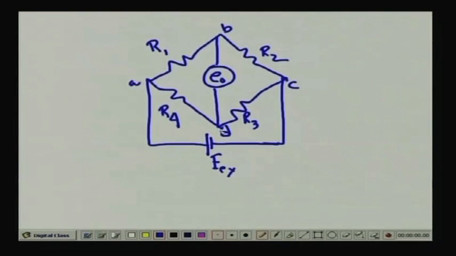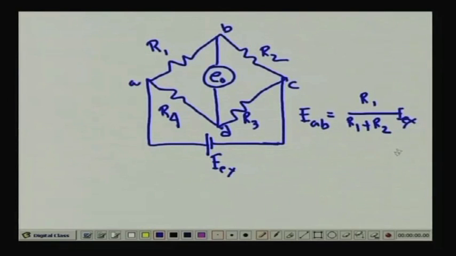So, if you have this type of equations, quite obviously I can write that E_AB, that is the voltage across this resistance R1, is equal to R1 by R1 plus R2 multiplied by Ex. It does not matter whether it is balanced or unbalanced, this is always true.